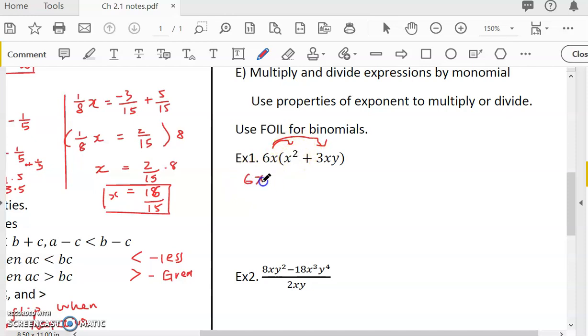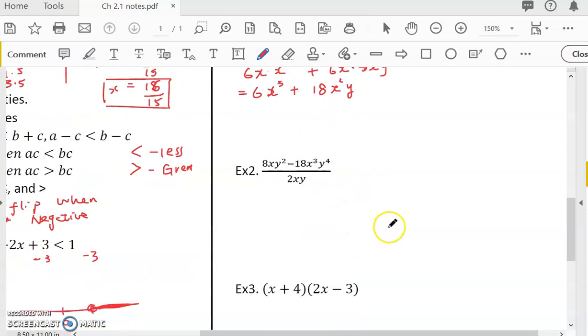So 6x multiply x squared plus 6x multiply 3xy. By principle of the exponents, I still have 6, but it will be x cubed, plus 6 and 3 multiply. If they're numbers, they multiply. But for x, they would become exponent. And I don't have y, so it's just 1y. So that's the answer.